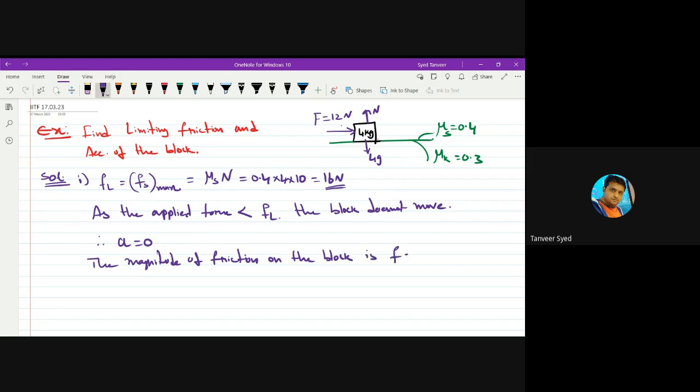Is it 16 Newton? 12 Newton, because the block is not moving. That means this applied force 12 Newton should be balanced by friction force. So friction is also 12 Newton. Okay.